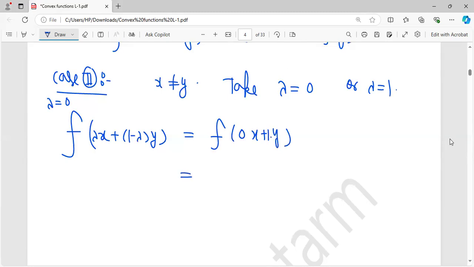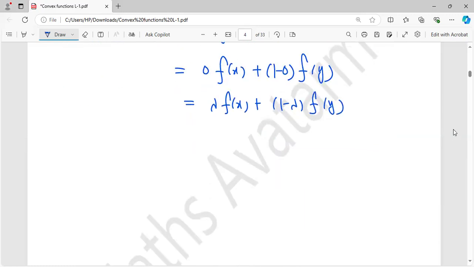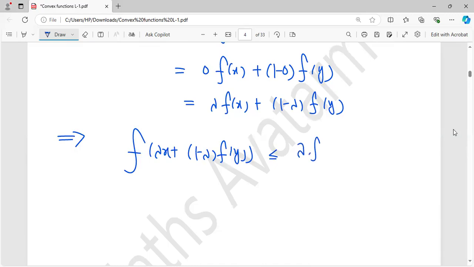So f of y can be written as 0 times f of x plus 1 minus 0 times f of y. So f of lambda x plus 1 minus lambda y is less than or equal to lambda f of x plus 1 minus lambda f of y. So this is done.